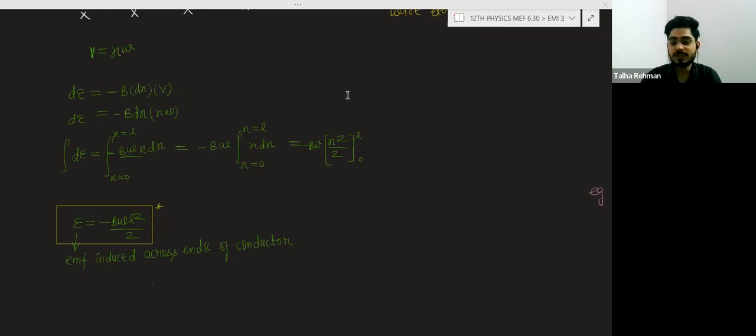So the concept of changing magnetic flux is very, very important. We will use this concept in the AC generator also.